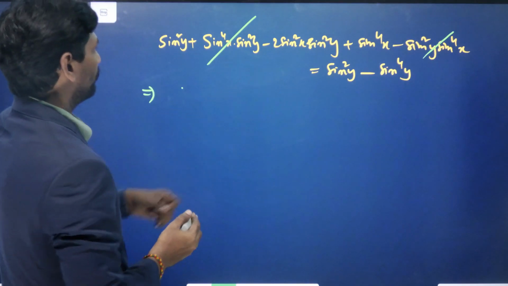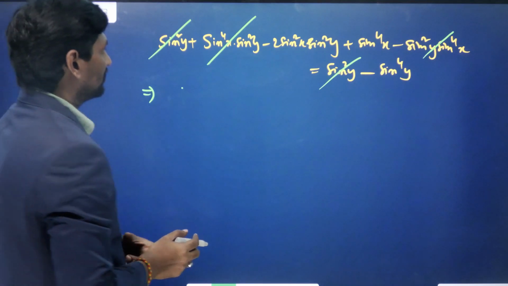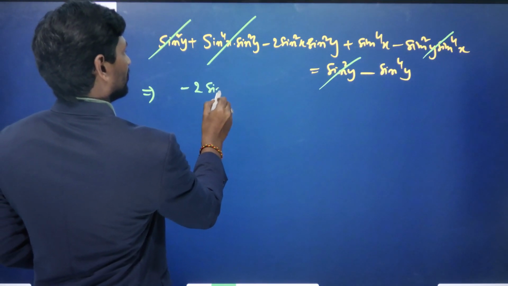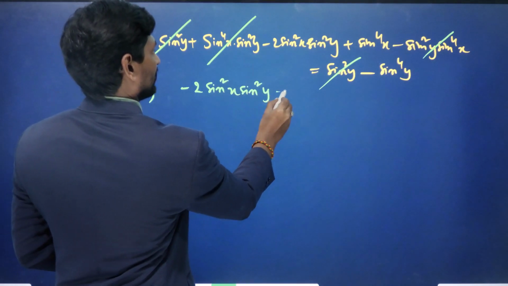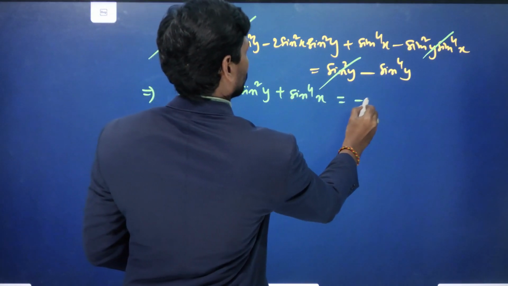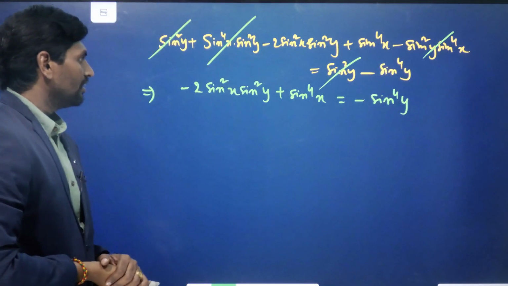Sin square y, both sides sin square y cancel. Still we got just minus 2 sin square x sin square y plus sin power 4x is equals to minus sin power 4y.